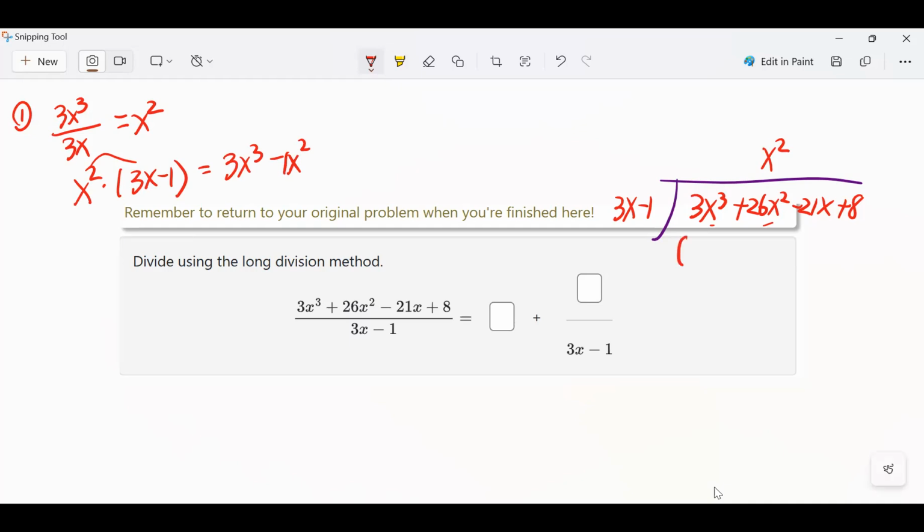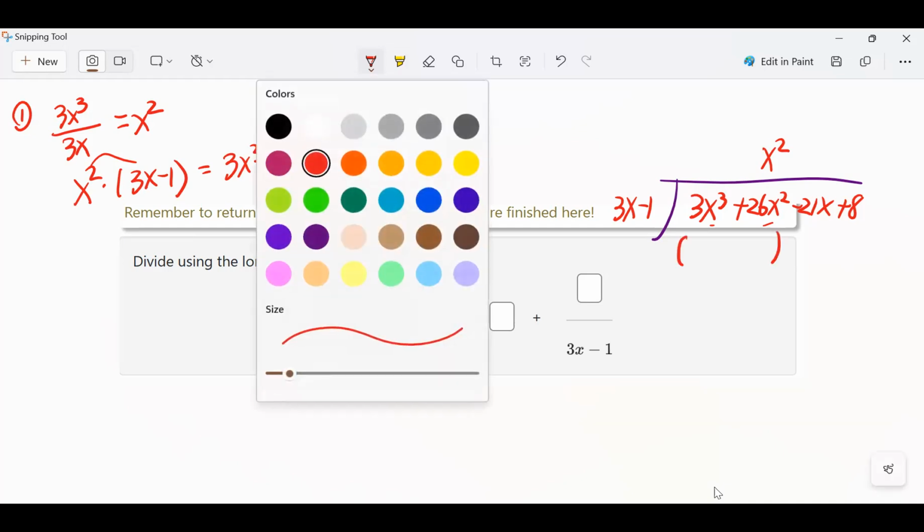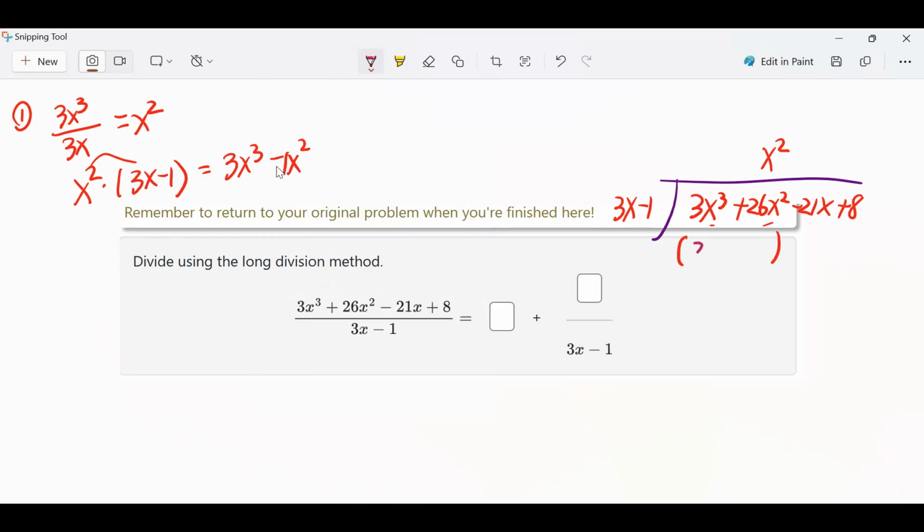So right here, I've put in the parentheses the term 3x cubed minus 1x squared. And then minus, right? From there, you're going to cancel the leading term. Very important. Each term must be canceled, otherwise, you did something wrong.